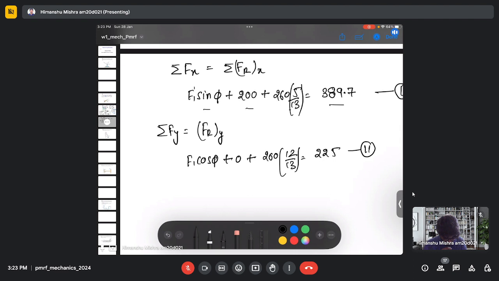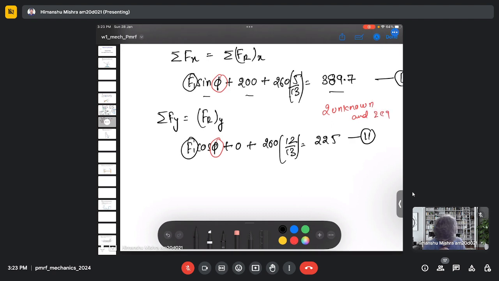The first unknown is F1 and the second unknown is phi. So we have two unknowns and we have two equations. So we can solve these equations together to calculate these two unknowns.